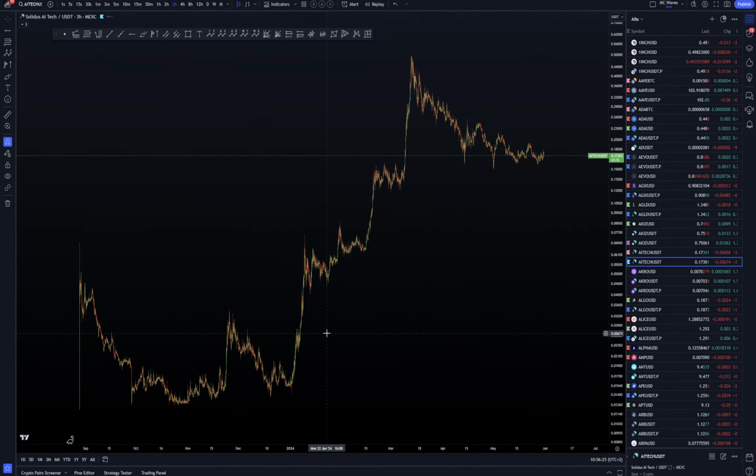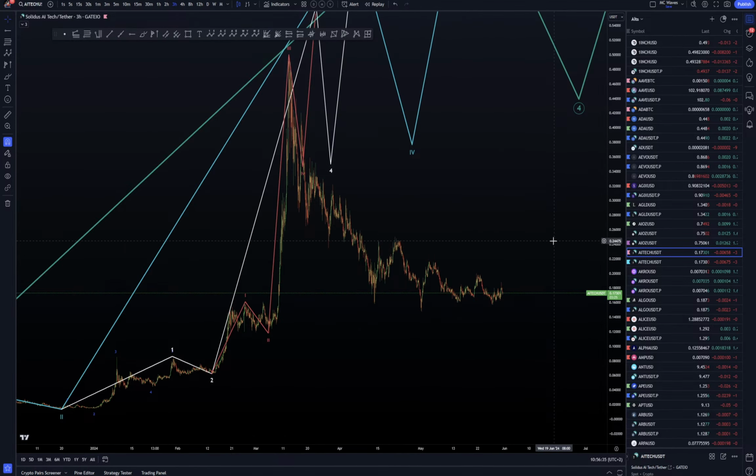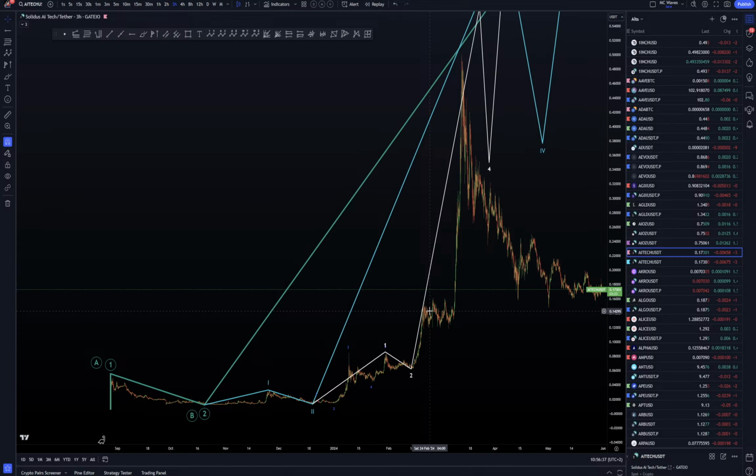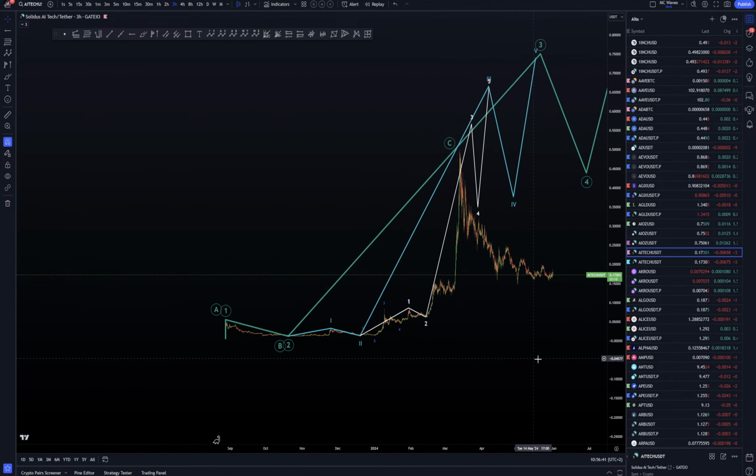Let me see, where is the low? That might be a C wave, so here like that with an ending in there.